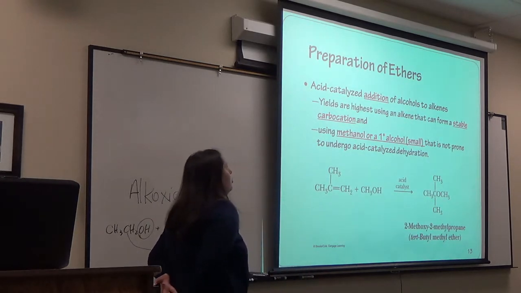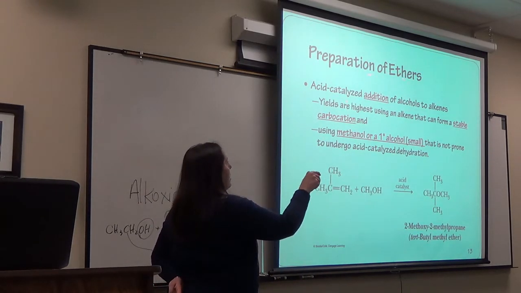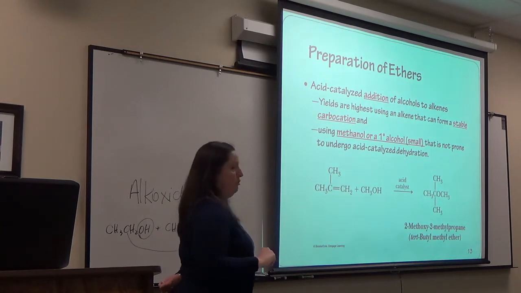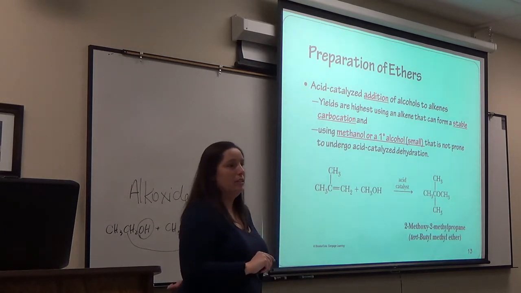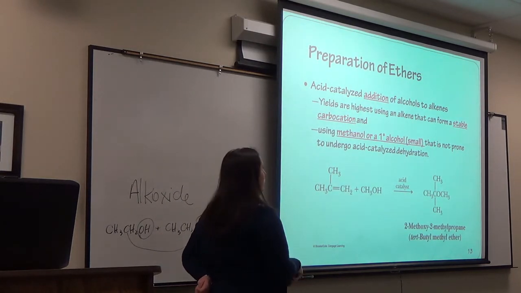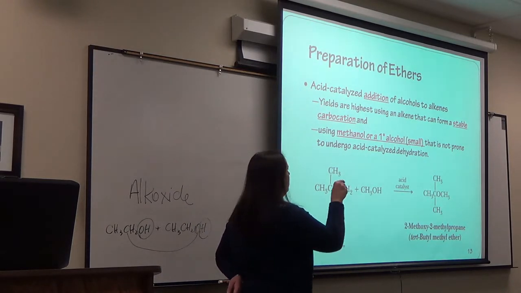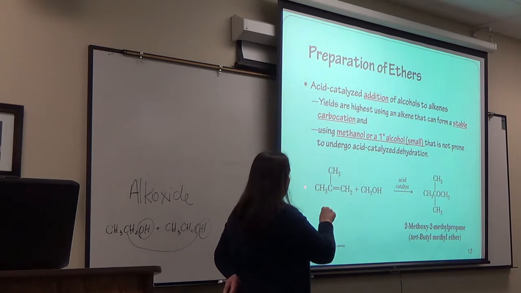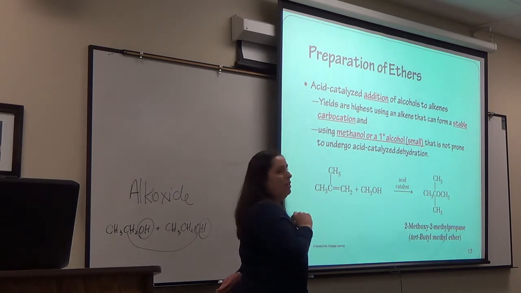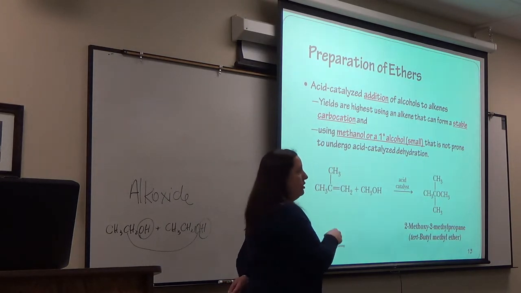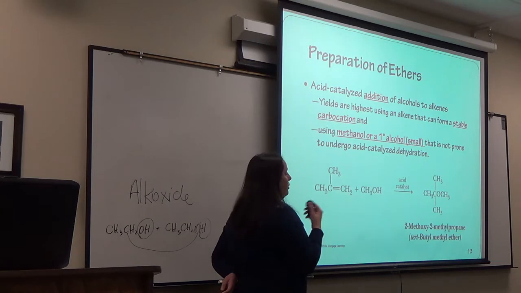Now we can do an acid catalyzed addition reaction. So not dehydration, but an acid catalyzed addition reaction. And now you're going to use a stable carbon, so you are going to have to form a carbocation. So it's going to have to be tertiary, secondary or tertiary. This mechanism won't work for small ones.